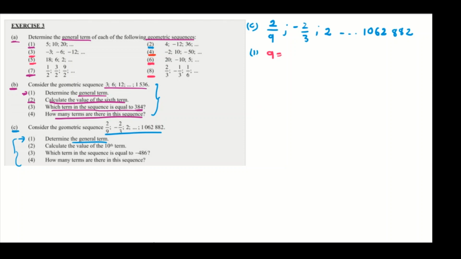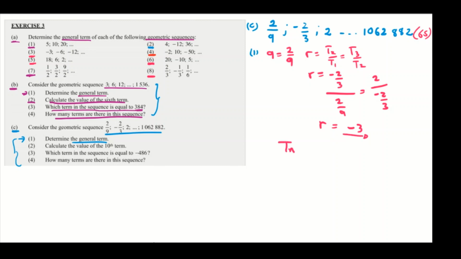We know that the a value is equal to 2 over 9, and the common ratio, since this is a geometric sequence, is t2 over t1 equal to t3 over t2. So r is equal to t2, which is minus 2 over 3, divided by t1, which is 2 over 9, equals t3, which is 2, divided by t2, which is minus 2 over 3. So my common ratio for this problem is minus 3.